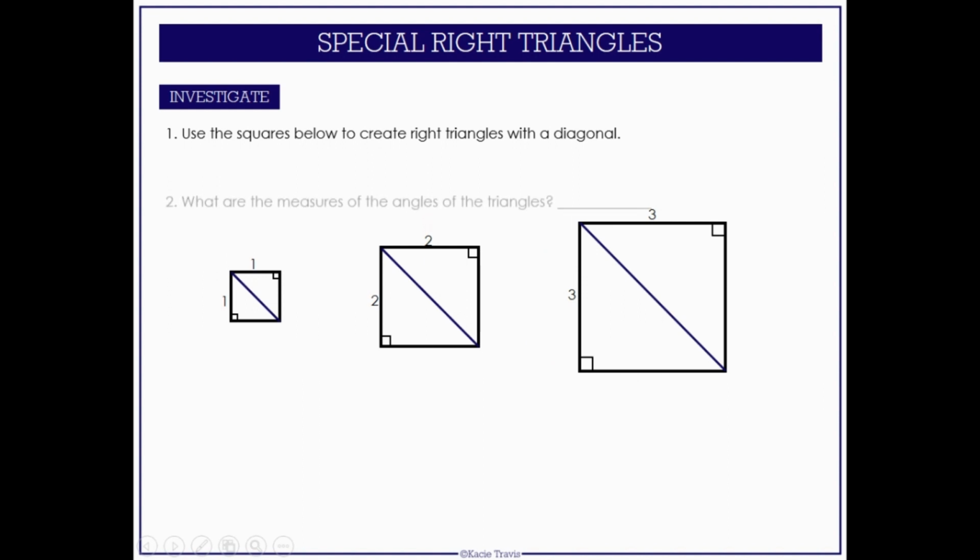Now, as we go forward, what are the measures of the angles in this triangle? All right, we know we got a 90-degree angle. Now, what we're doing is we're cutting on this diagonal, and this shape that we have originally was a square. Now, this diagonal here is going to do one thing for us. It's going to take these angles over here, and also cut them in half.